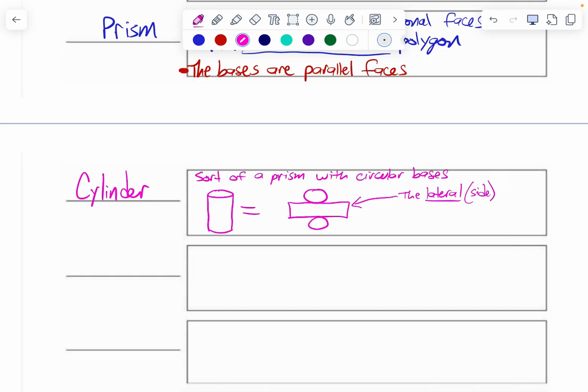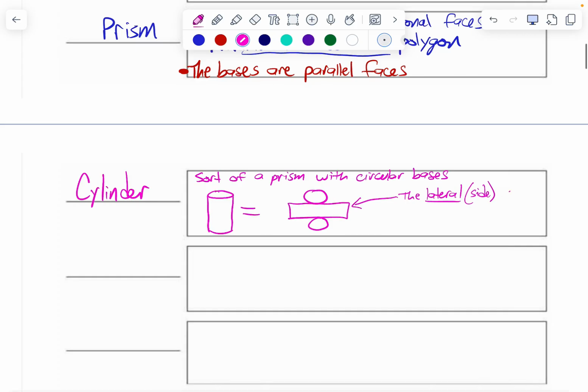So the lateral, which means side, area is a rectangle. Does it actually have to have area on the circular bases for it to still be a cylinder?